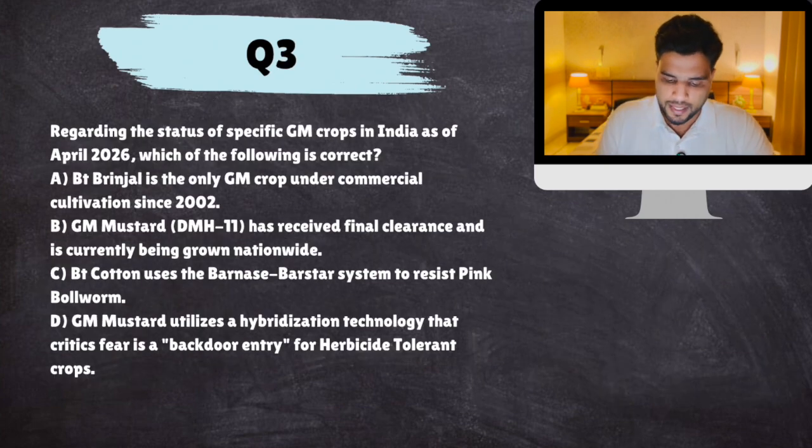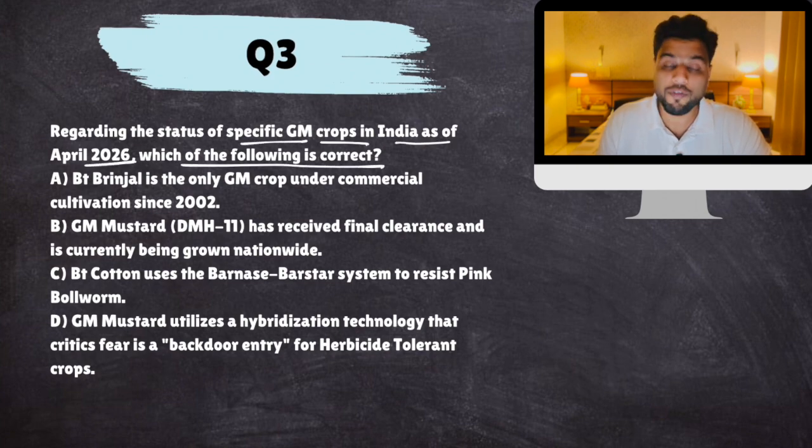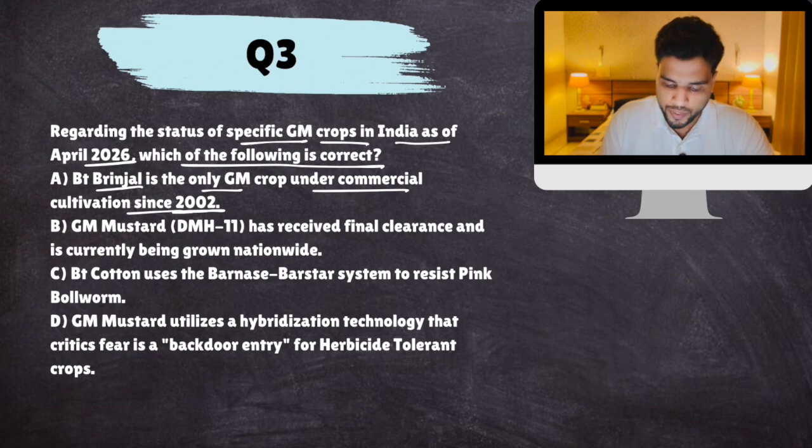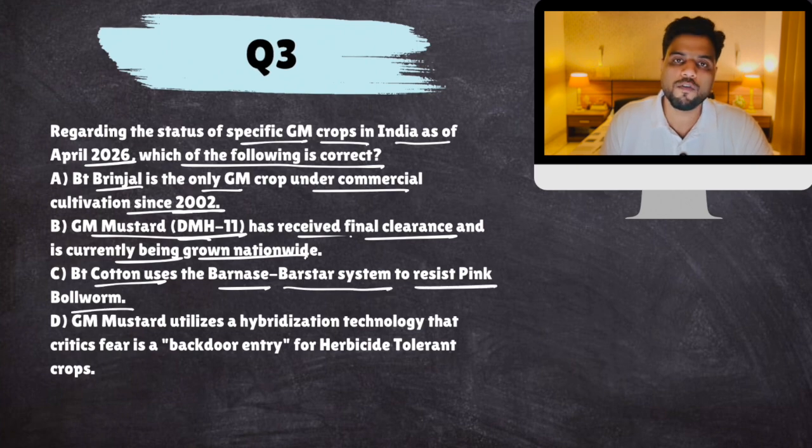Next. Regarding the status of specific GM crops in India as of April 2026, which of the following are correct? BT brinjal is the only GM crop under commercial cultivation since 2002. GM mustard, DMH11, Dhara mustard hybrid, has received final clearance and is currently being grown nationwide. BT cotton uses Barnase-Barstar system to resist pink bollworm.